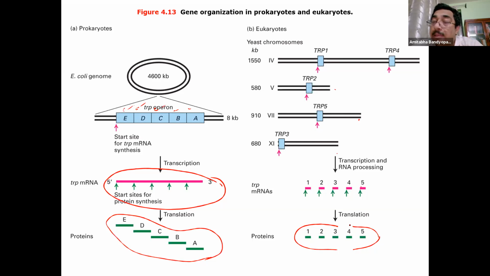The answer is perhaps this, that I will explain to you later again, that as of today, we know that the 5 enzymes of tryptophan biosynthesis are only involved in tryptophan biosynthesis.